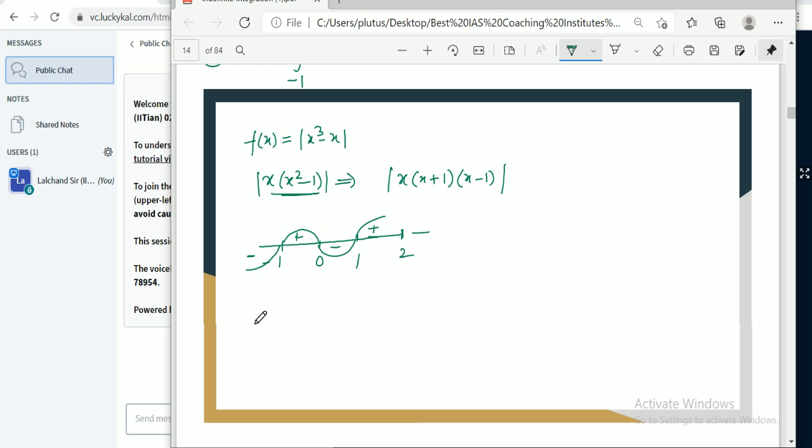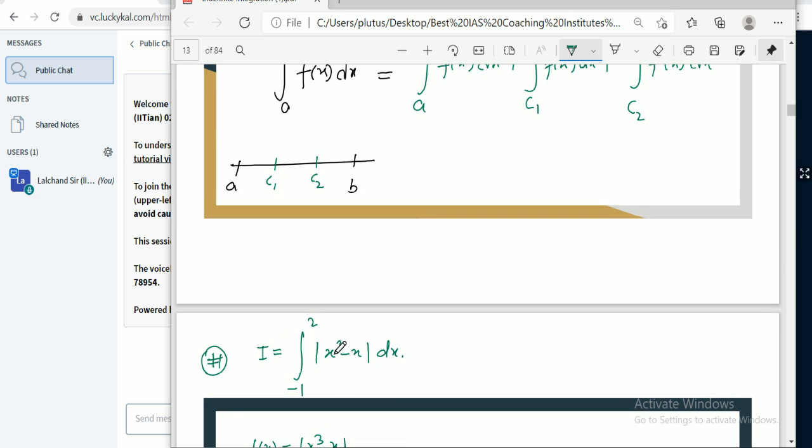So we can write I is equal to, first interval, minus 1 to 0, x cube minus x dx, plus second, 0 to 1. The sign of this equation will be negative, so we need to use a minus sign while opening this mod equation.